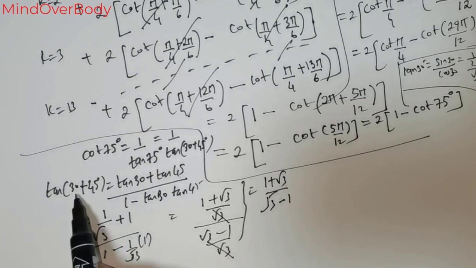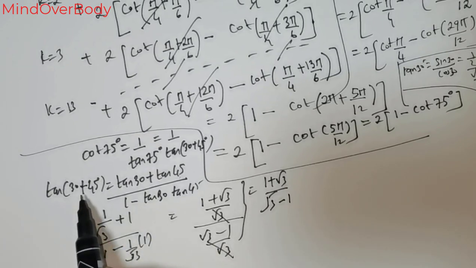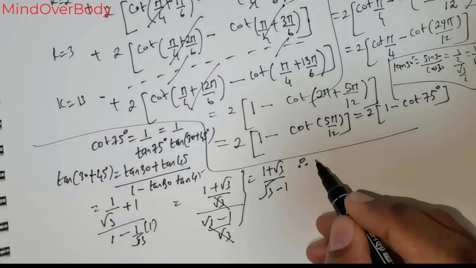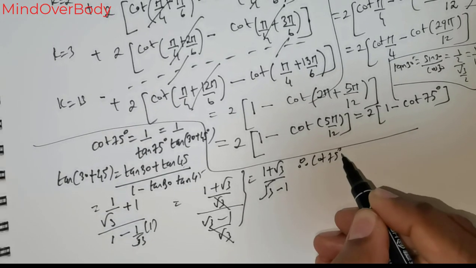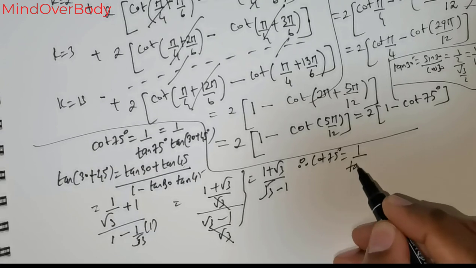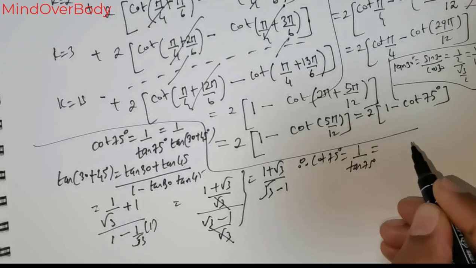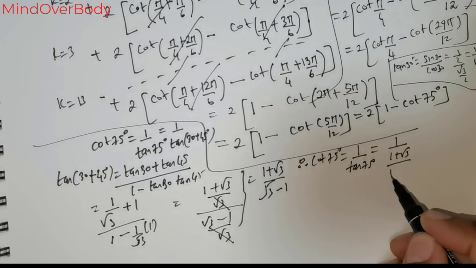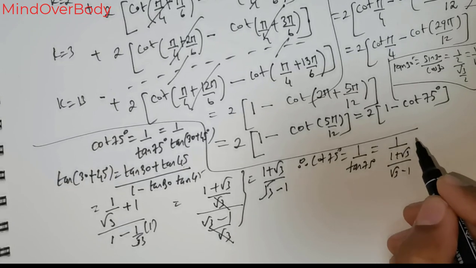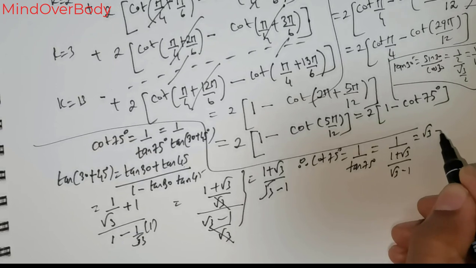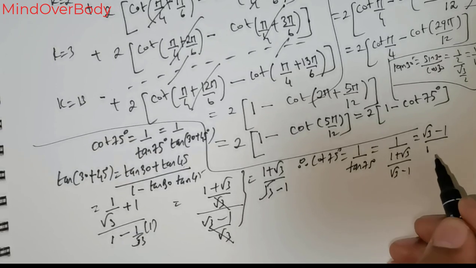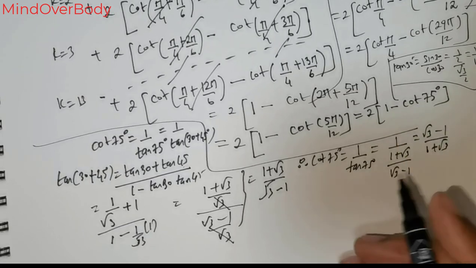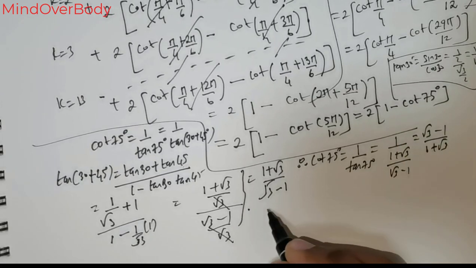Now this is nothing but tan 75. Therefore cot 75 is nothing but 1 over tan 75, which we have found out to be 1 positive root 3 divided by root 3 negative 1. If I were to flip it, I would get root 3 minus 1 divided by 1 positive root 3. So take this value and substitute it there. That's exactly what I'm going to do.